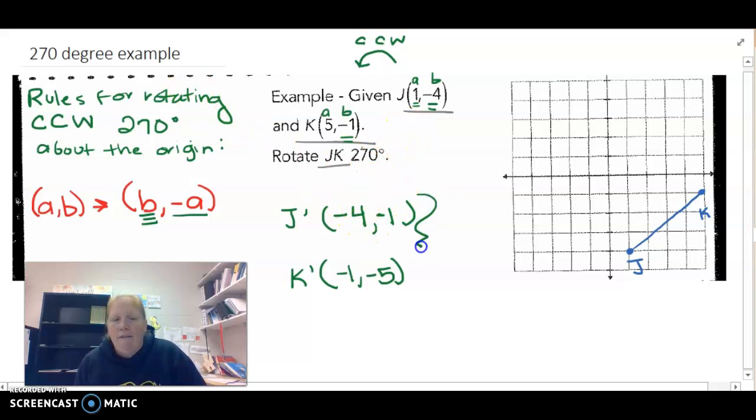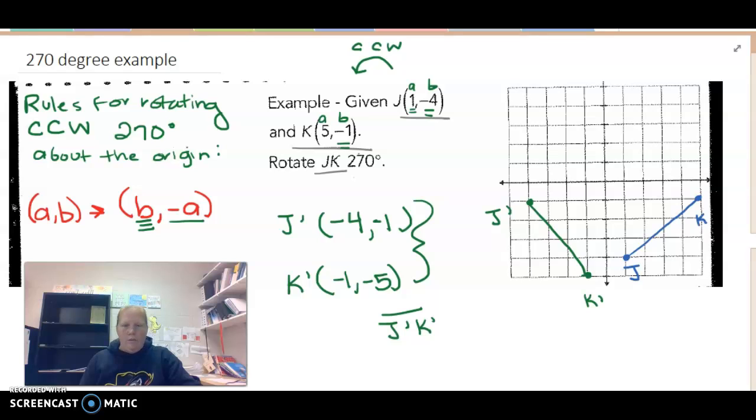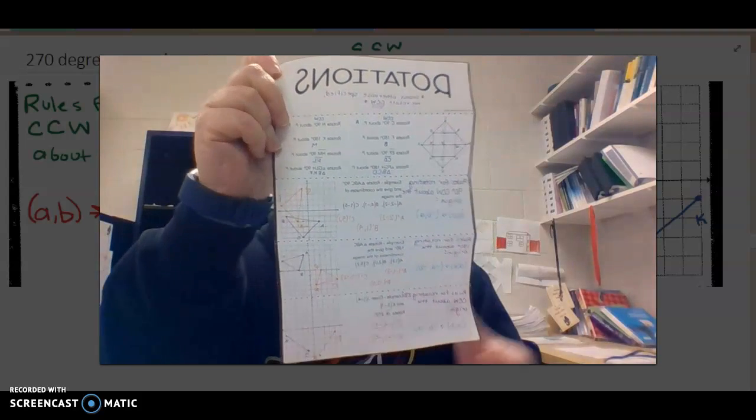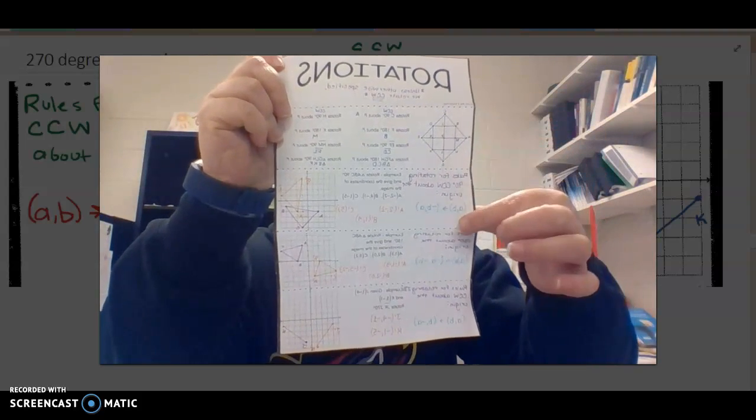Okay, so now that I have these, go ahead and sketch J prime, K prime. All right, so here's my J prime, K prime, and you should have two congruent figures. Once again, if you don't, that means you did something wrong. All right, so after you have all these filled out, you'll notice all the dotted lines here.